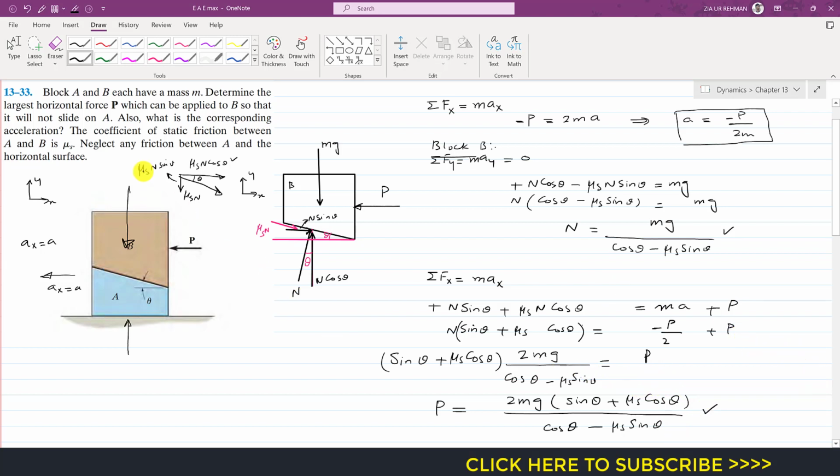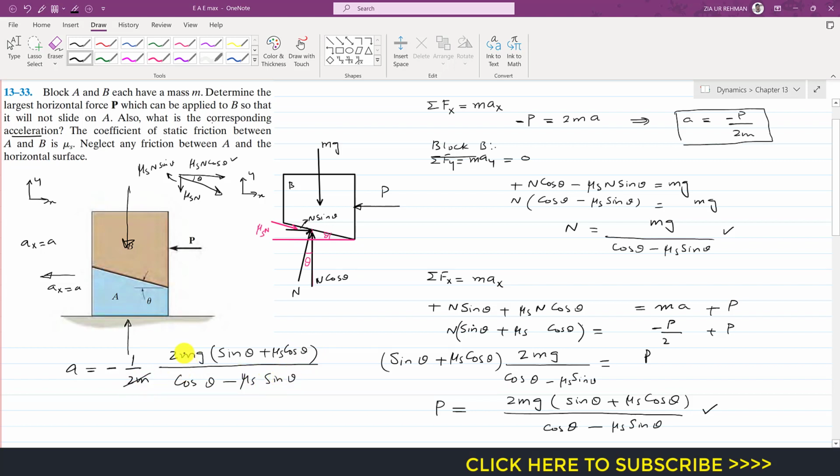And similarly we were asked to find the acceleration. So we can write that acceleration is equal to minus P divided by 2m, or minus 1 divided by 2m into P, and that P is 2mg times sine of theta plus mu s cos of theta divided by cos of theta minus mu s sine of theta.